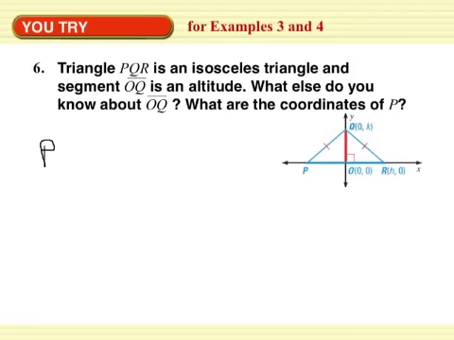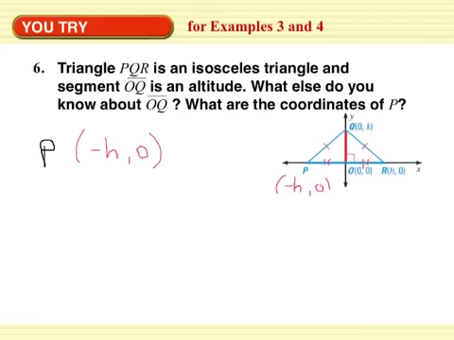If this is an isosceles triangle, the bases are equal, then these segments are equal too. O to R is the same as O to P. So P is negative h, 0.